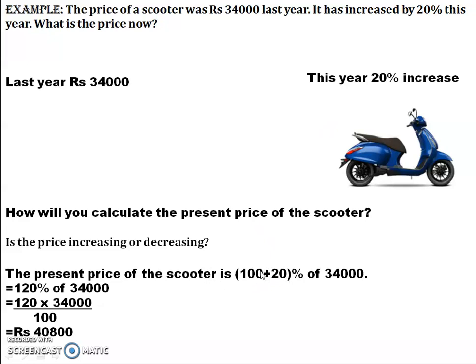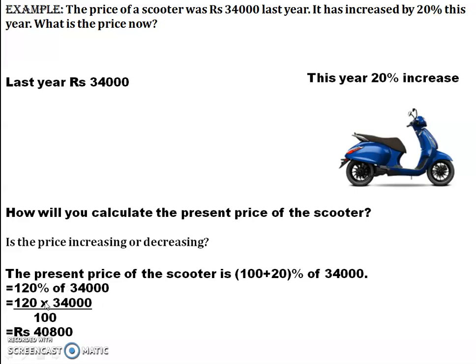Now, 100 plus 20, that is 120% of 34,000. What is 120%? It is 120 by 100.